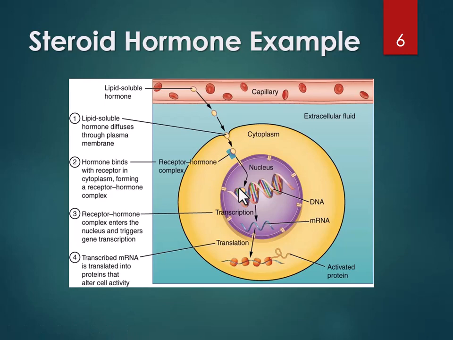So it either turns on or turns off gene expression. Okay. So lipid-soluble hormone dissolves through the cell membrane and binds a receptor inside, and its change in function is to make a protein, do transcription and translation, or to block the synthesis of that protein.